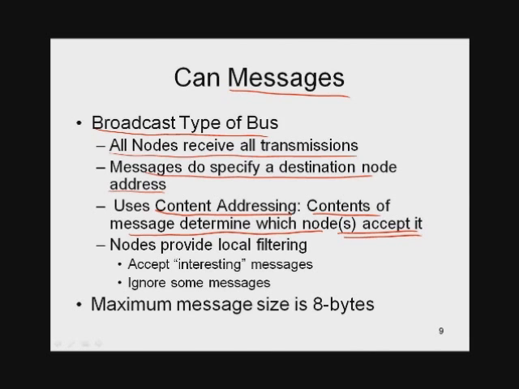The way the local nodes look at the incoming data and decide whether it's meant for them is they apply what's called local filtering. We'll see how that's done, but by looking at the bit pattern that comes in and making the selection, the pertinent messages, the ones they've been set up to accept, they will recognize and save.